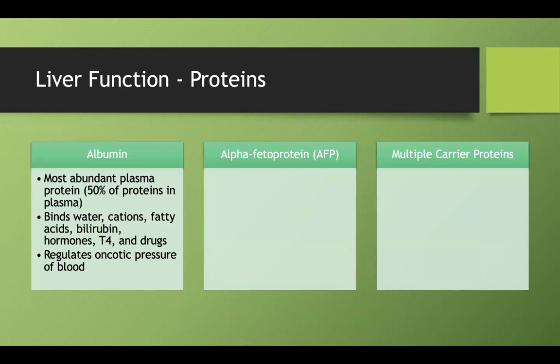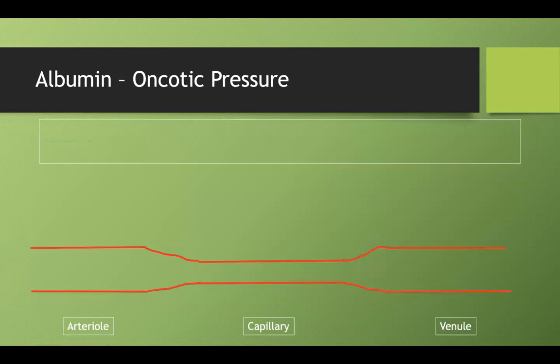But the most important thing that you need to recognize for Step 1 is what albumin does regarding maintaining fluid within our intravascular space. So let's talk a little bit about hydrostatic and oncotic pressure. So here, right now at the bottom, before I actually show this, we have an arteriole, we have our capillary, and we have our venule.